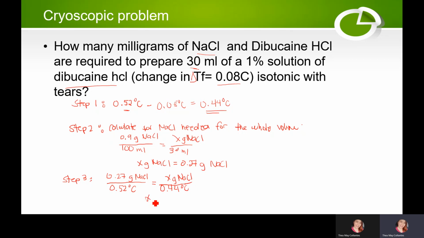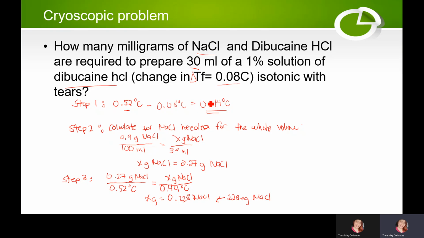So that would be equal to 0.228, right? Or what we are being asked is the milligram. So we have 228 milligram of NaCl that would be added to your whole solution.